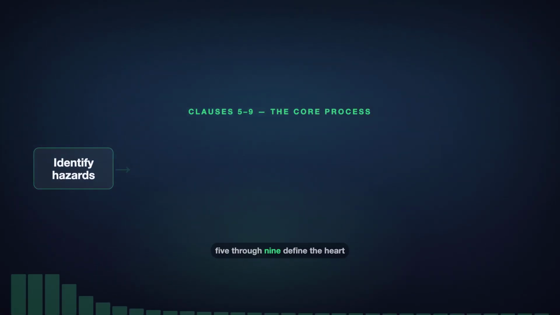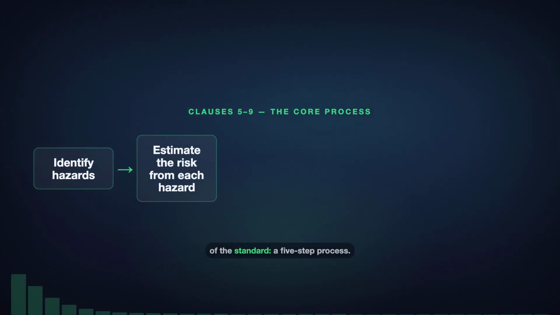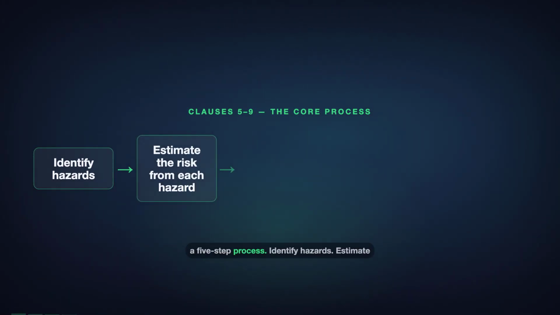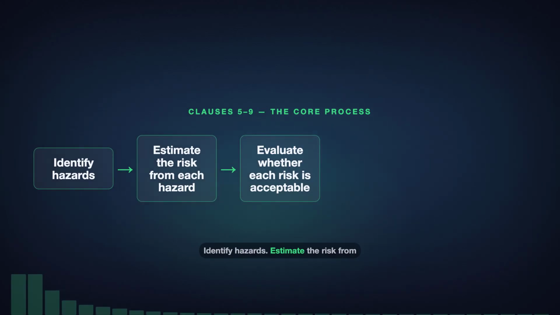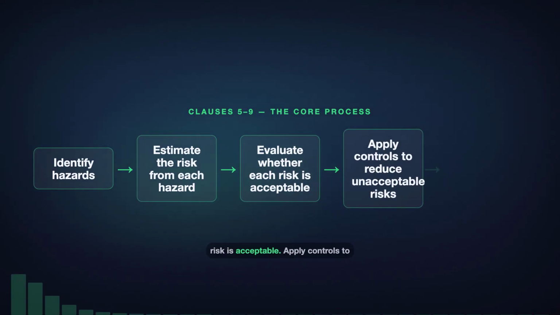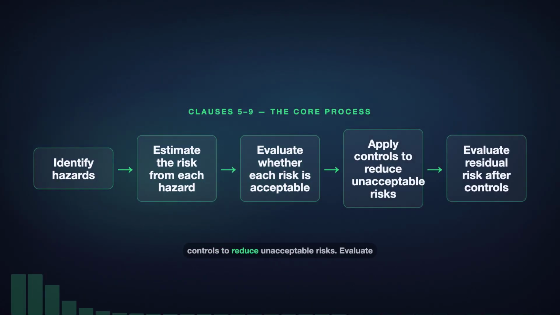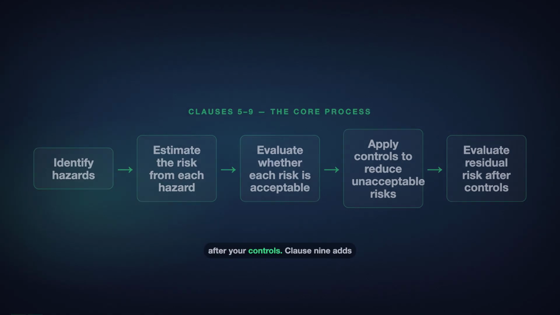Clauses 5 through 9 define the heart of the standard, a 5-step process. Identify hazards, estimate the risk from each hazard, evaluate whether that risk is acceptable, apply controls to reduce unacceptable risks, evaluate the residual risk that remains after your controls.